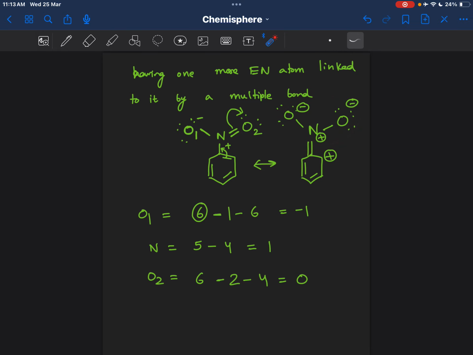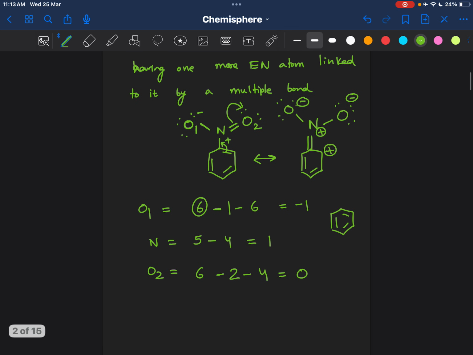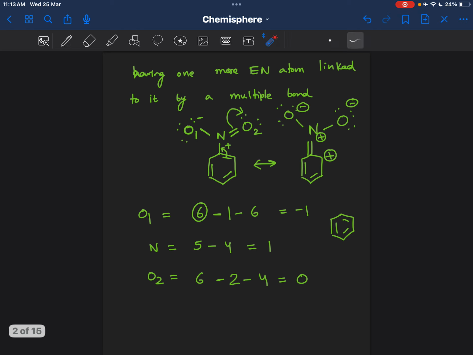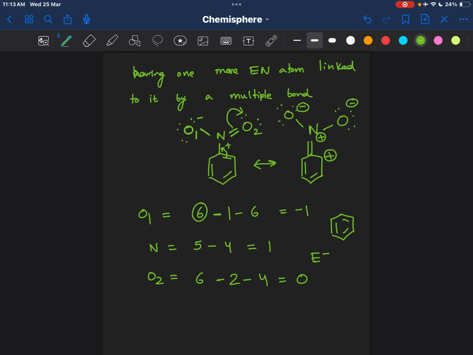Okay, so now if we compare a normal benzene ring, and if we compare benzene with NO2, in normal benzene there are no such electron withdrawing groups, right? So therefore, let us say an electrophile wants to do a substitution reaction with this benzene ring.